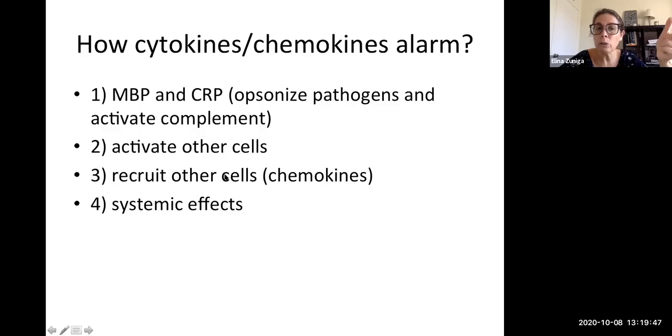Number three is recruiting other cells. We talked about how chemokines can attract and direct the movement of other cells, so they may recruit other cells. That's particularly for the chemokines. And number four, these cytokines can have systemic effects. We will go through these four mechanisms by which cytokines and chemokines can alarm our body that there may be a dangerous presence.